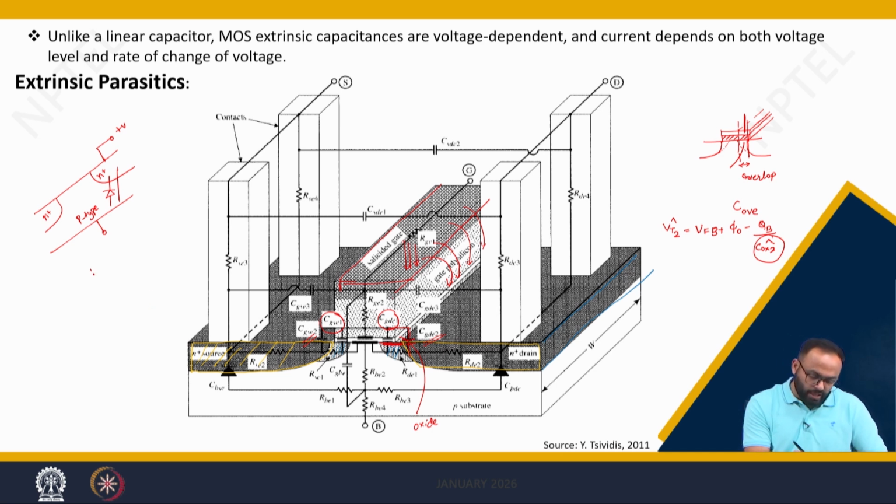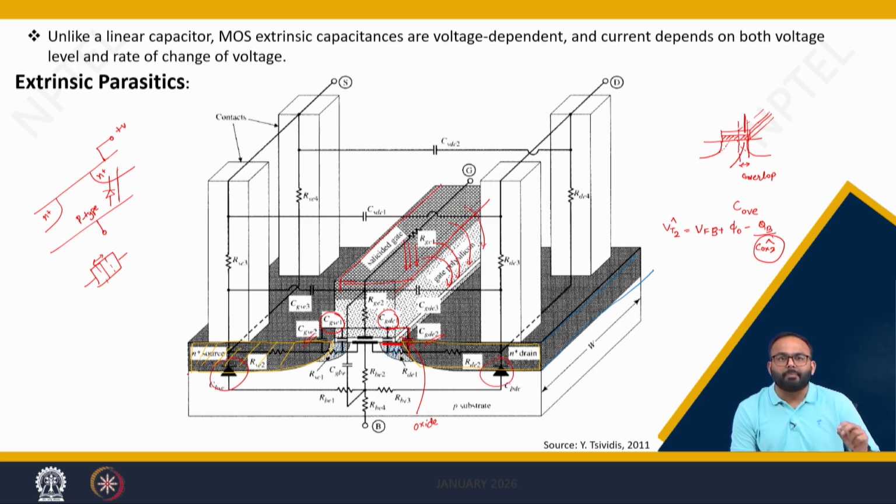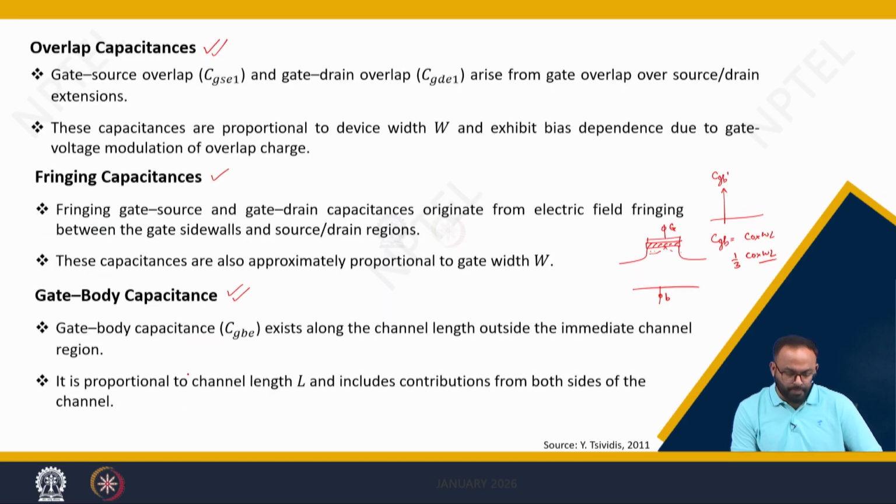And we know when a PN junction becomes reverse biased, then the expansion in the depletion region causes a capacitance, a voltage controlled capacitor. That is what these diodes can be represented by, a capacitor, which is nothing but a voltage controlled capacitor. So these are the junction capacitors.